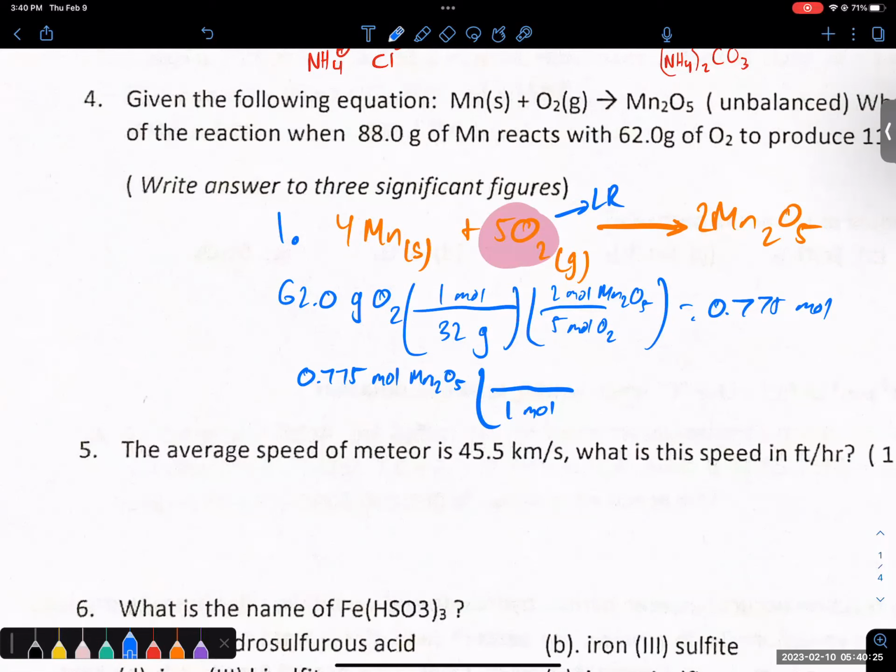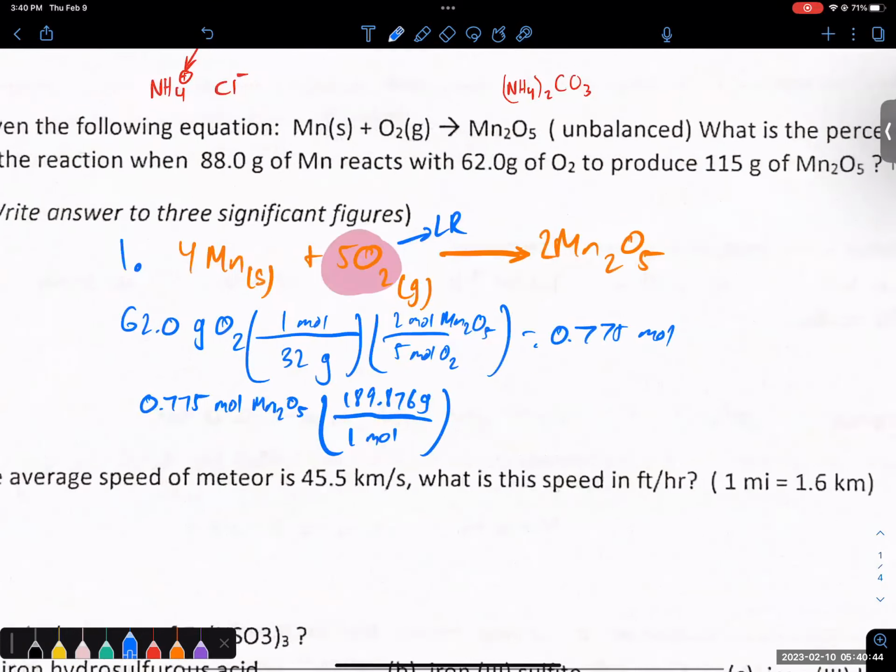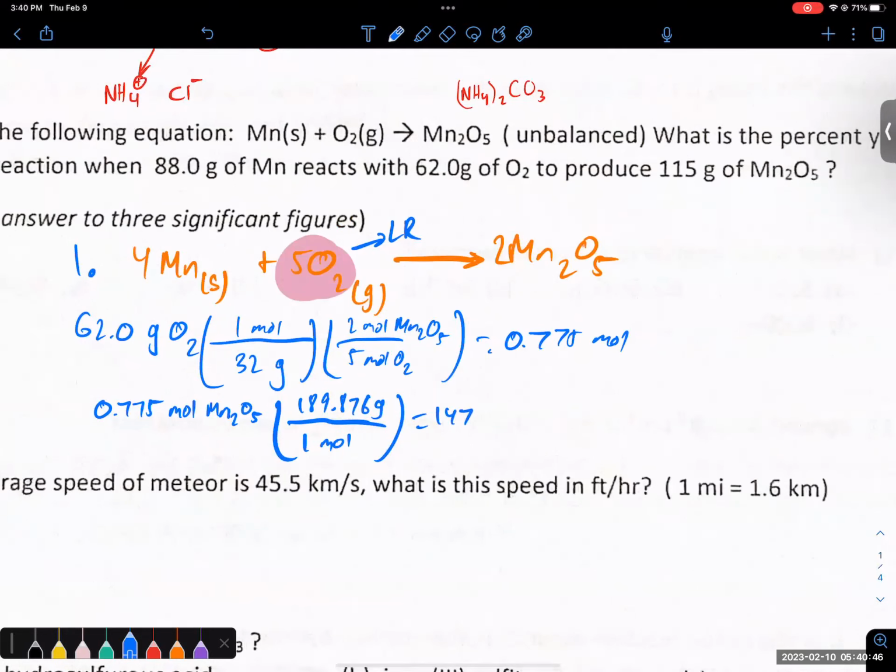So that's 32, 64 plus 16, that's 80. So plus 80, and it's about 189.876 grams. And then we'll multiply this by 0.775 to get our theoretical yield of 147.15. Probably should have made this a different step, but yeah, step 2, step 3.